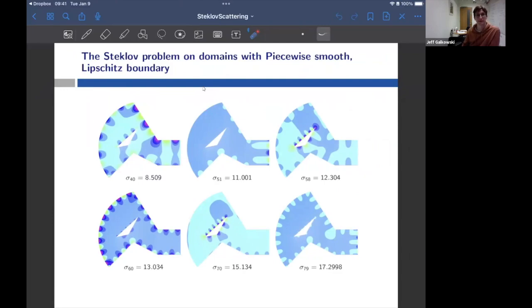Okay, so now let's pause for a moment and ask ourselves, what do these eigenfunctions actually look like on a piecewise smooth domain? I have here some pictures I made in FreeFem. I didn't pick any particular sequence of eigenvalues; I just wanted to display the behavior. So what do we see in these pictures?